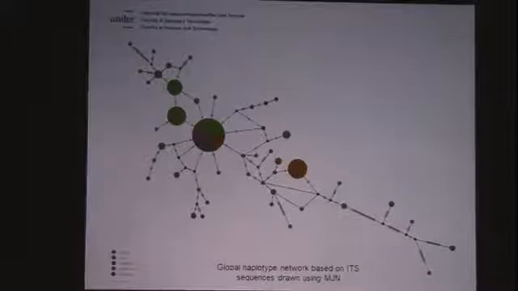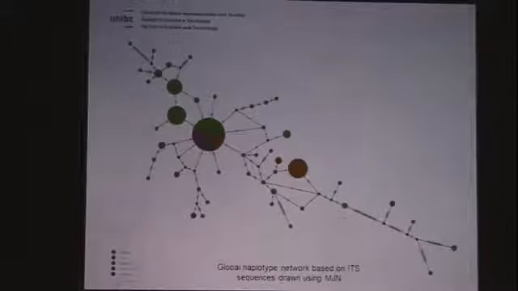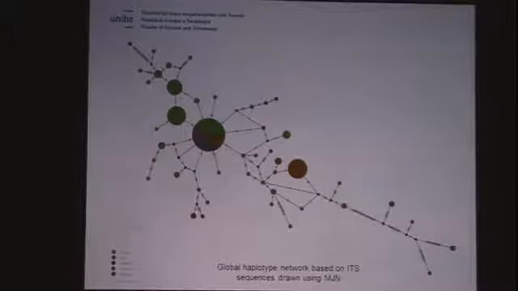Secondly, it was also very interesting to know that this green one represents the other European isolates of ITS sequences. But it was very interesting to know that this haplogroup is basically Eastern European and Hungarian. So South Tyrolean isolates were also very closely related to Hungarian isolates. That was also very unexpected.